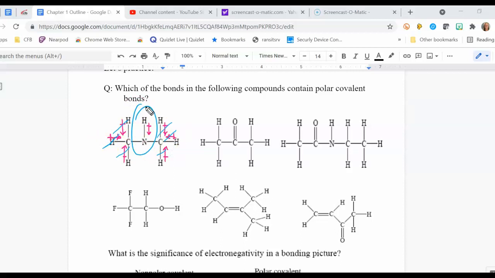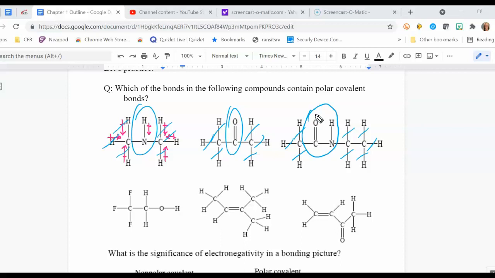So that makes this a polar bond. We can go through and take a look at all of these. If these two cancel and these two cancel and these two cancel, then here is our polar bond. Same thing happens again, leaving us with two polar bonds going here. So more polarity in this one.